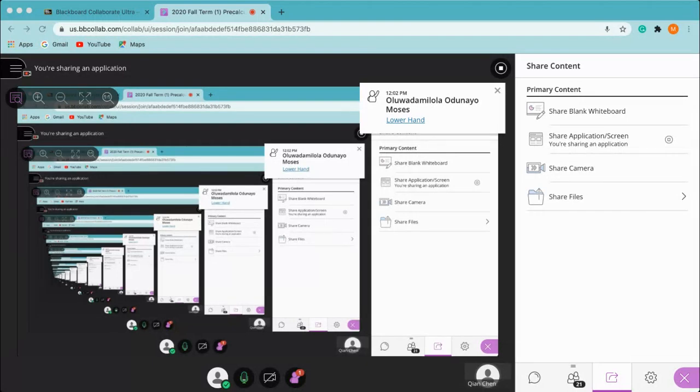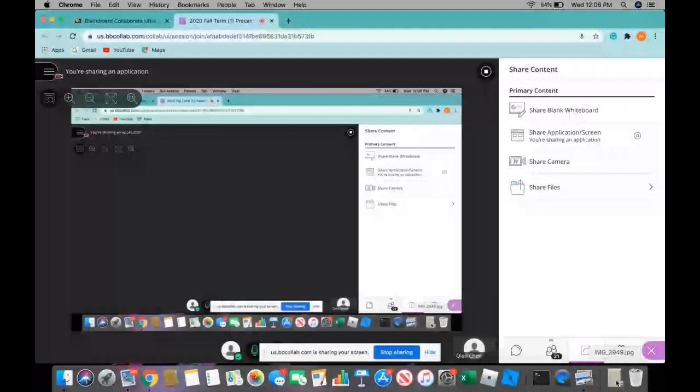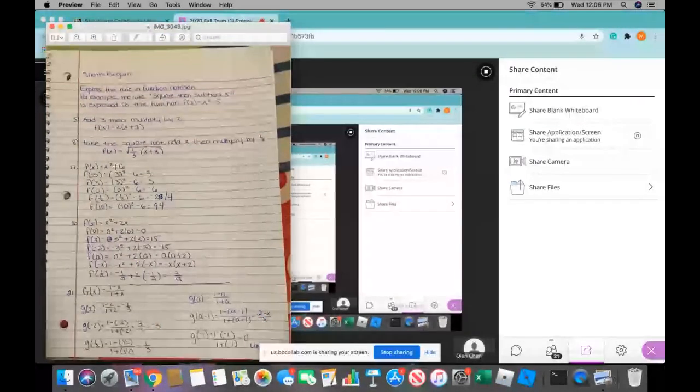Choose share screen, the middle one, share application or screen. I did choose that one. Okay, it's gone. You go to share content, you choose the middle one. Okay, good. Your homework is here.